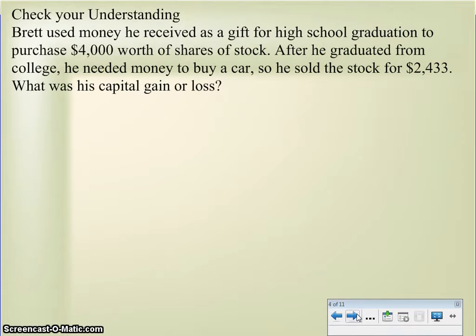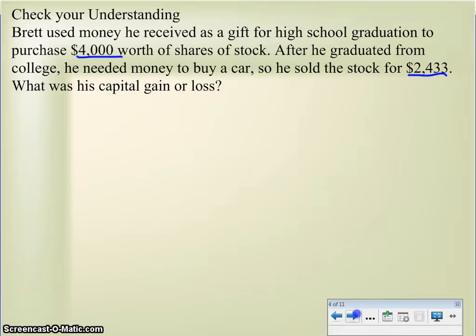All right, go ahead and press pause, solve this, and when you're ready, come back. Okay, Brett used money he received as a gift for high school graduation to purchase 4,000 shares of stock. After he graduated, he needed to buy a car, so he sold the stock for $24.33. What was his capital gain or loss?